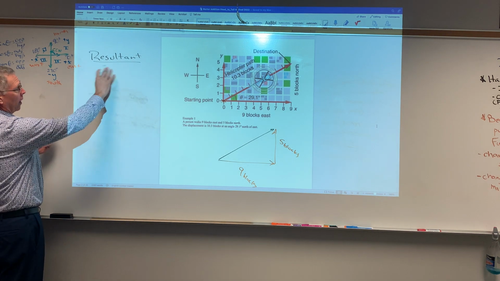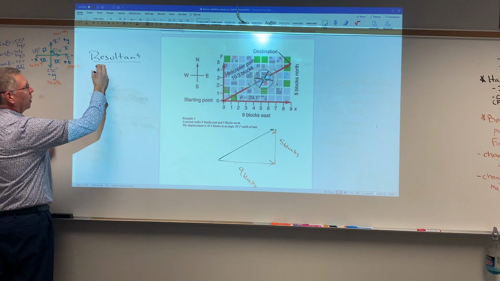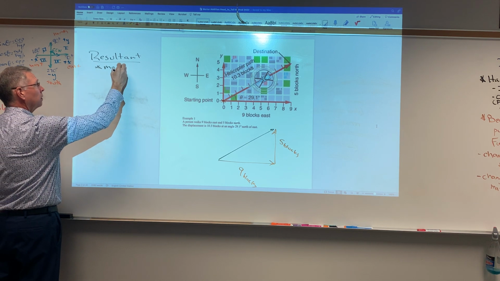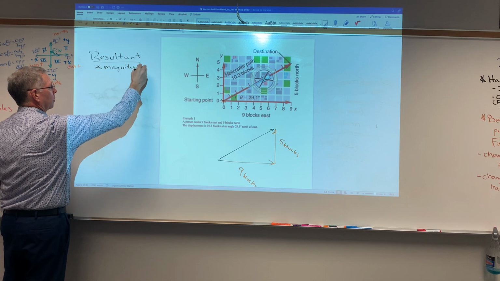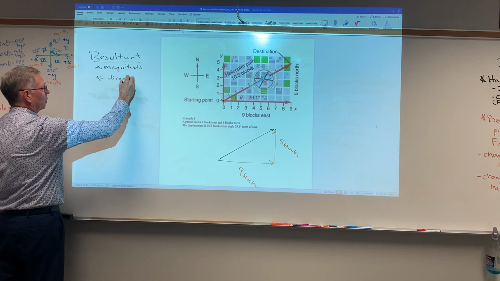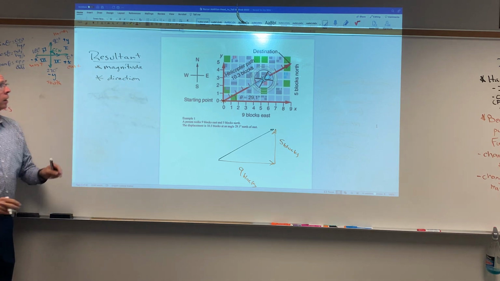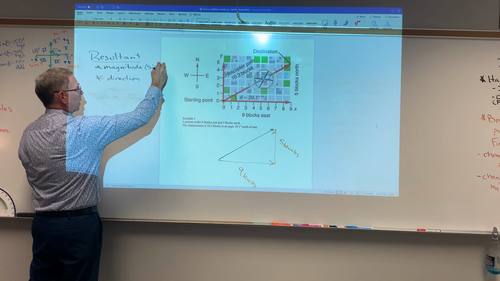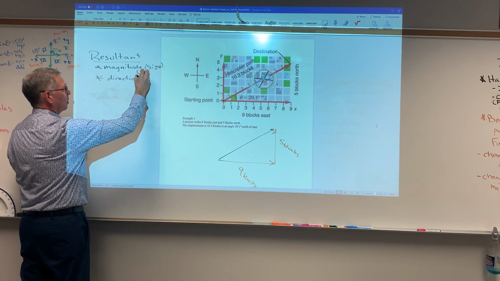If you're asked to solve for the resultant, you need two pieces of information. You need the magnitude of it, and you need the direction of it. Magnitude is the size or the length.